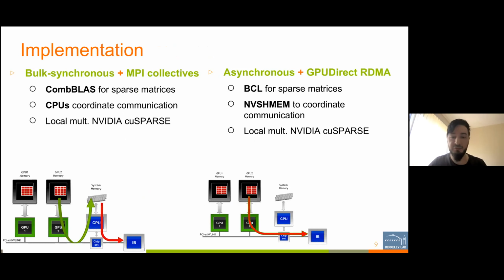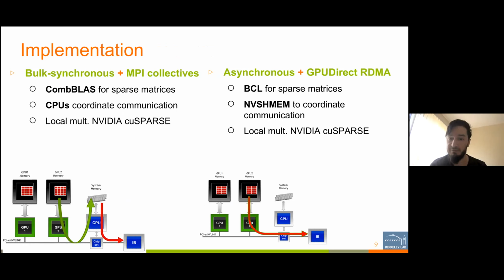So we have these decomposition techniques, we have these algorithms. How do we approach implementing these? We have two approaches. First is the bulk-synchronous approach with MPI collectives, and the second is the asynchronous approach with RDMAs. In the bulk-synchronous approach, we use CombBLAS for storing and performing operations on sparse matrices.